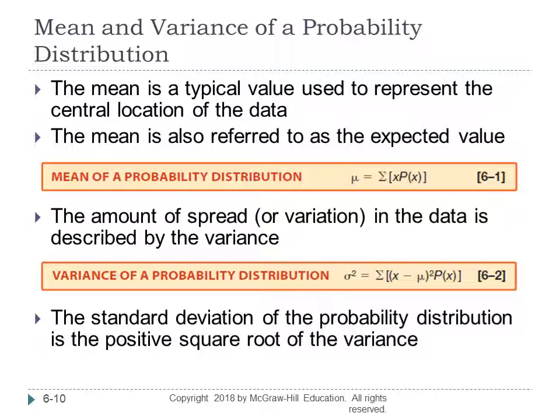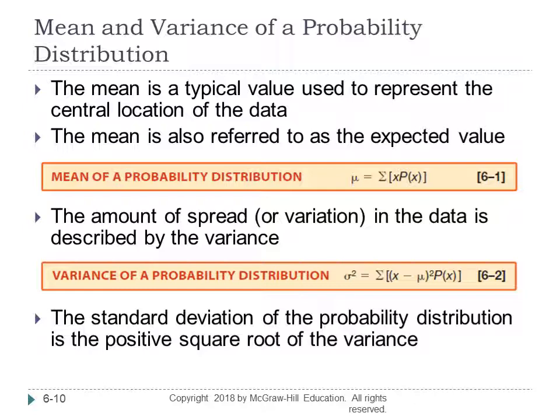The other thing we will calculate is the variance. The amount of spread or variation in the data is described by the variance. The variance for a probability distribution, which we will call sigma squared, is the sum of x minus mu, squared, times p of x. And again, the sum runs over all possible values for x. For every value for x, subtract the mean, square that quantity, and multiply by the probability for x.